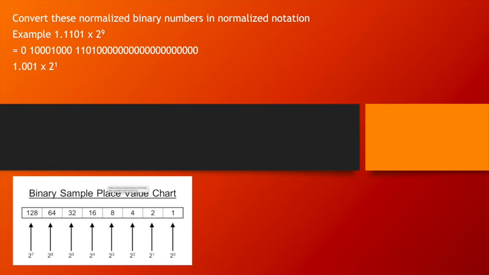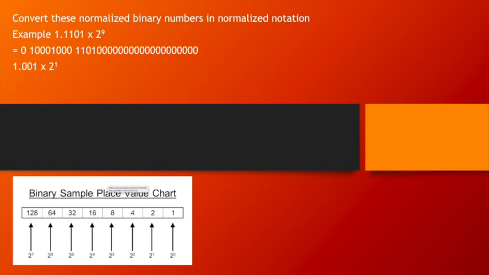It's a positive number, so we use 0 for the sign bit. We'll convert the exponent to a biased binary exponent. Our exponent is 1. We'll add 127 to that. That's 128. That's a little bit easier number to convert because we put a 1 in the 128 place value, and then it's followed by 7 zeros.